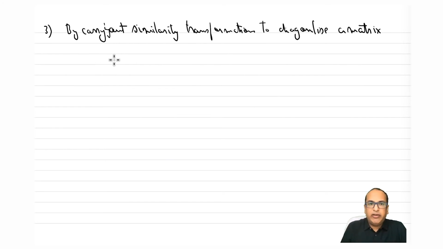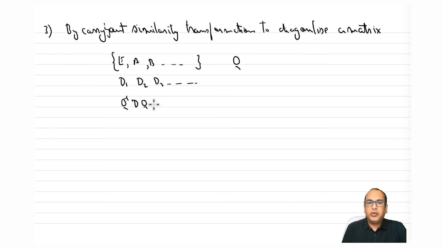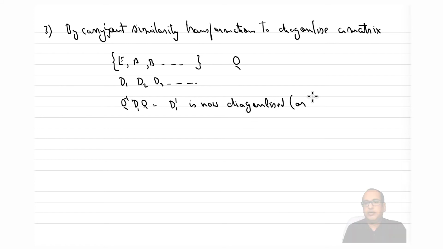So for example, if we have E, A, B, and a certain set of elements, and the corresponding matrix representations are D1, D2, D3, and so on, what we need to do is find a matrix Q such that we can do Q inverse D Q to find a D1 prime, so that D1 prime is now diagonalized or block factored, right?